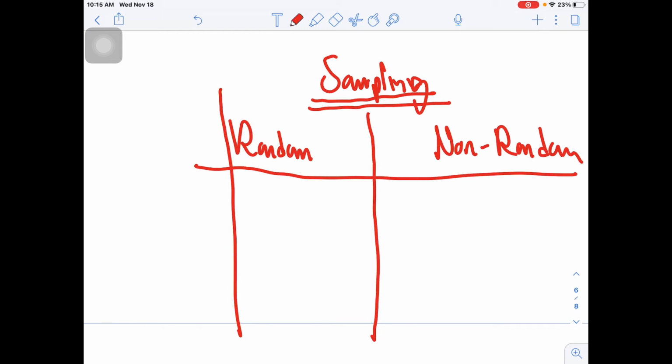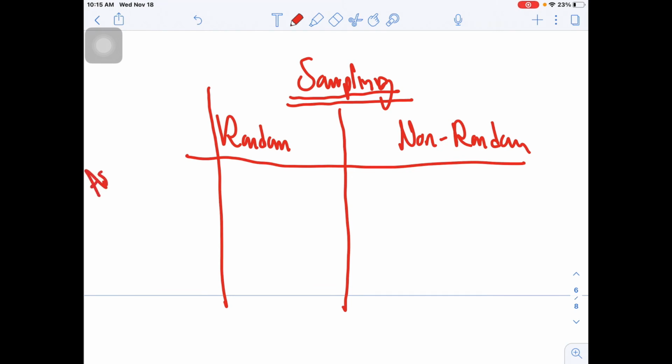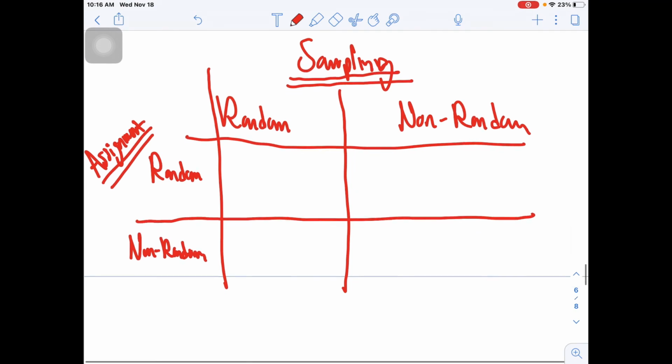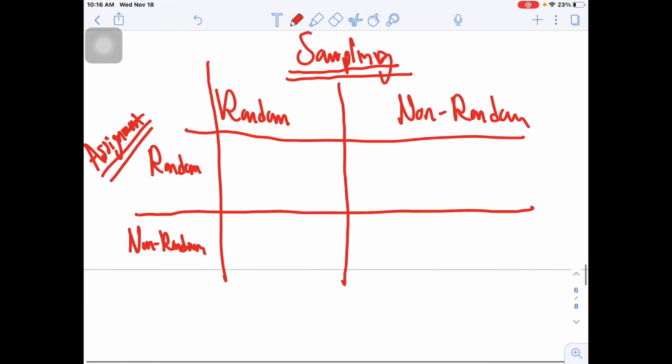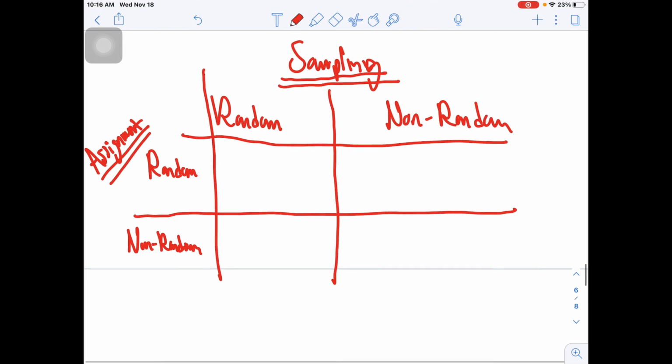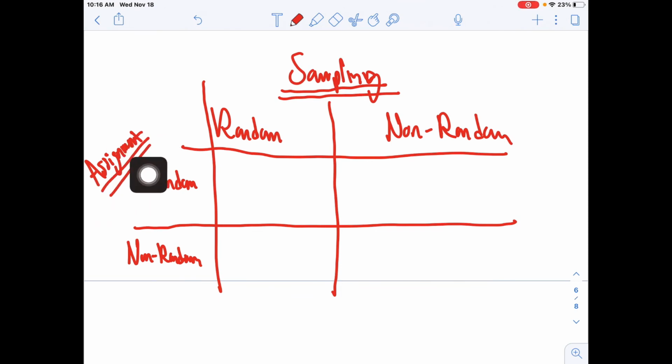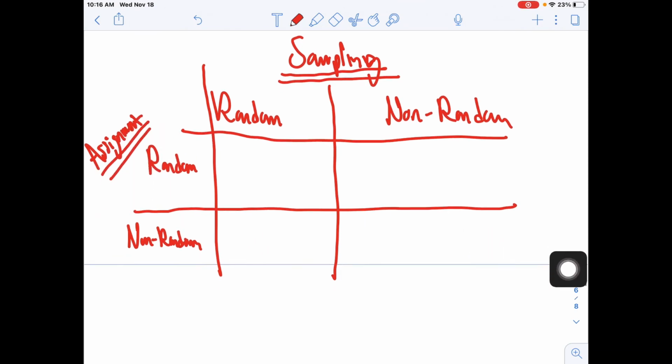Now, it is very important that assignment, so assigning those people to the groups, is also done randomly. So I would have to randomly assign those 20 participants to one group and the 20 other participants to the other group. So within your experiment, we need to make sure that our sample is random and we're randomly assigning them.